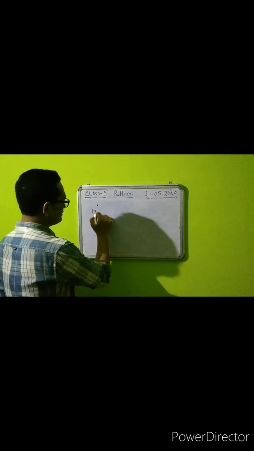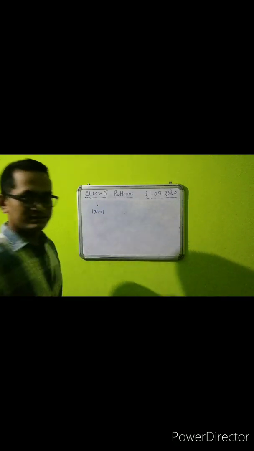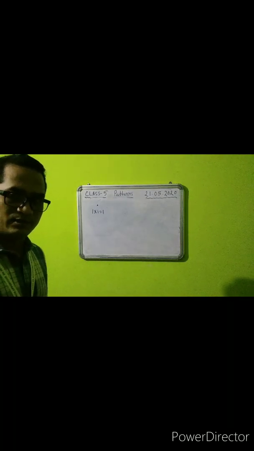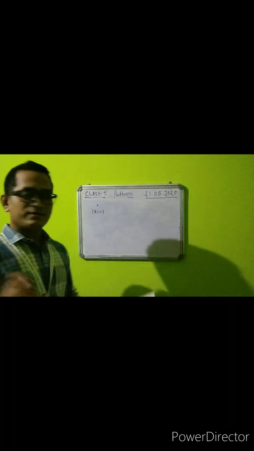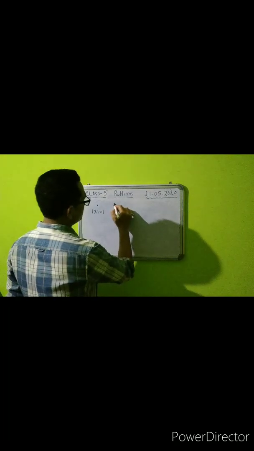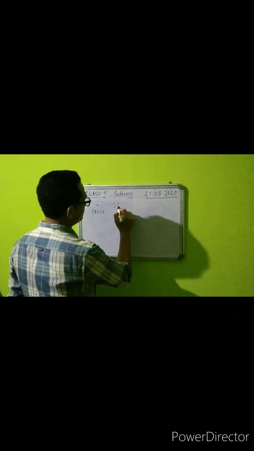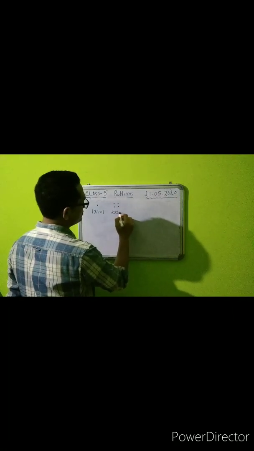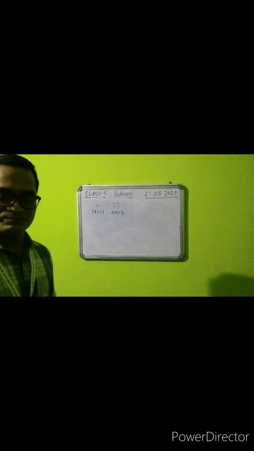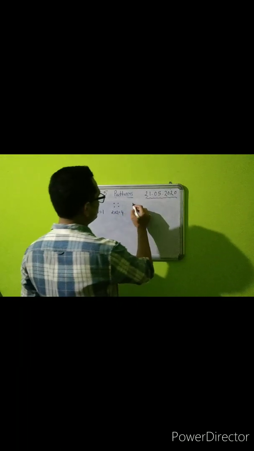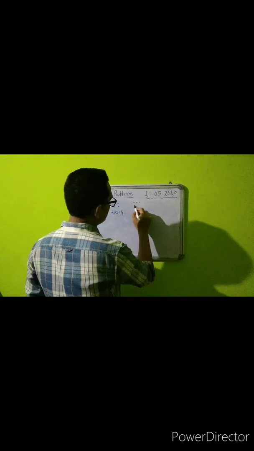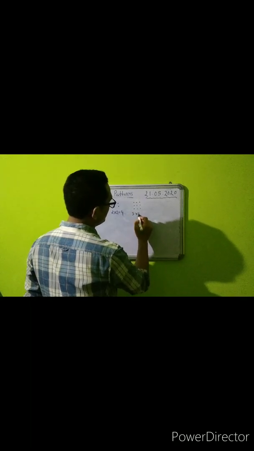So 1 can be represented as 1 into 1, that is equal to 1 only. The next one, if you see, there will be 4 dots. How can I write 4 dots? 2 2s are 4. Then if I have to draw, say, 3 into 3, it will be how many?